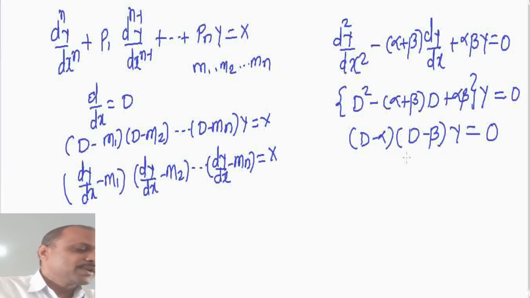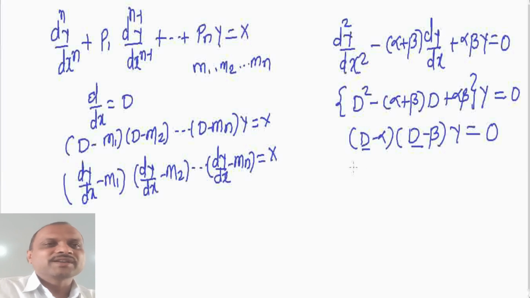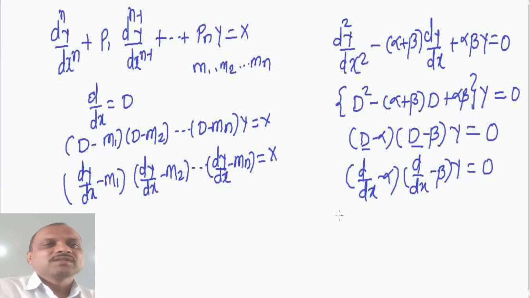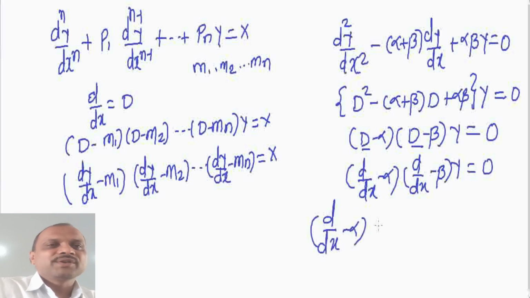Here you can see that if we replace D by d by dx, we write it as (d by dx minus alpha)(d by dx minus beta) operating on y equal to 0. Now let us operate this term by term.